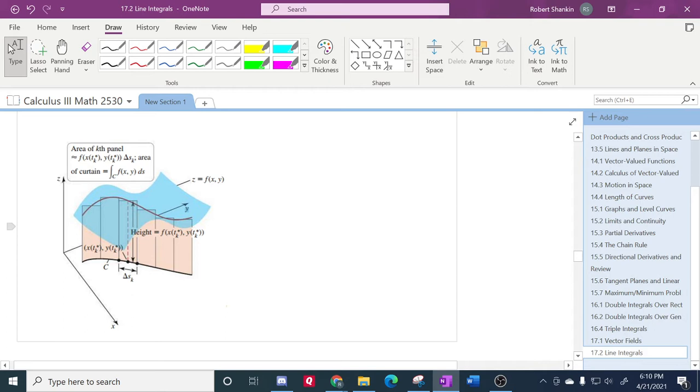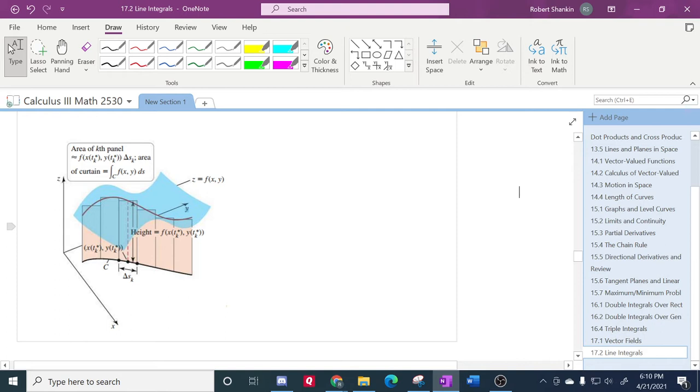The distance in the xy plane was subdivided and then multiplied by a height, a representative height. And then that gives you an area of a portion of a curtain. So what we're after is the area of the curtain.